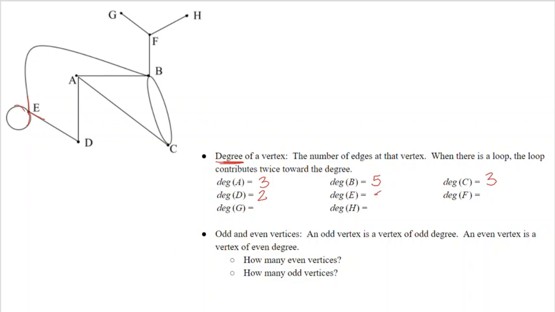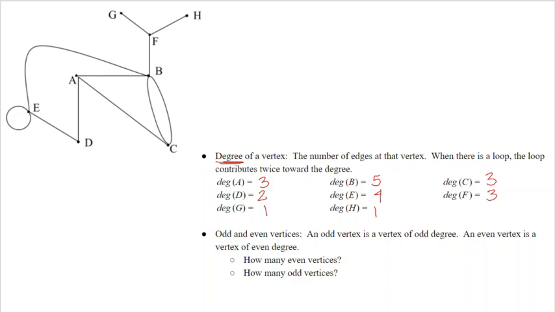So we have 4 edges coming into vertex E, so our degree is 4. Vertex F, we have 1, 2, 3 edges. Vertex G only has 1 edge, and vertex H has 1 edge. So those are the degrees of all of the vertices.